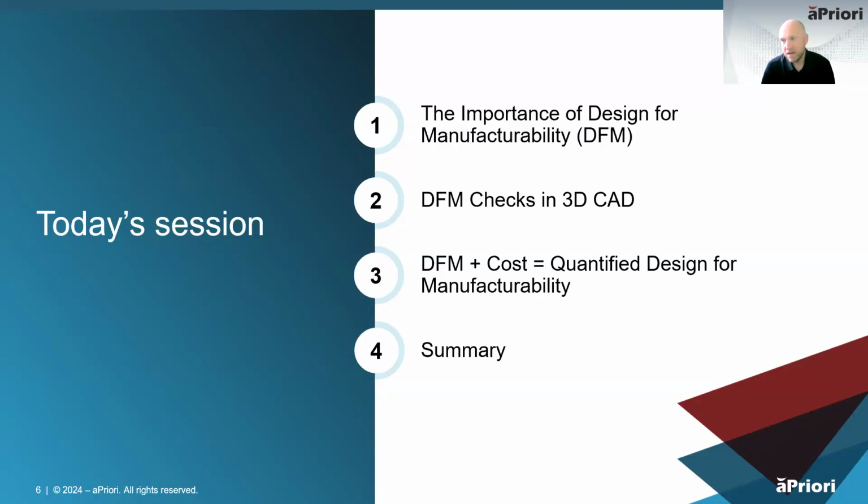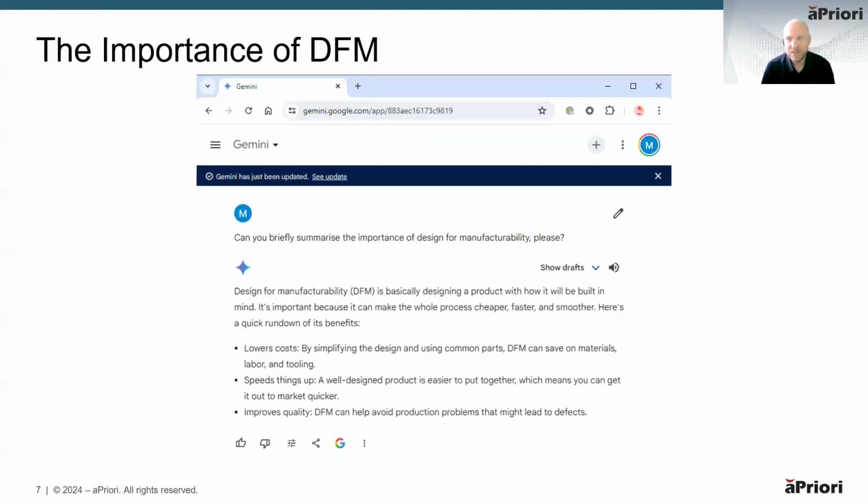I don't think any webinar would be complete unless we started with some generative AI. So I thought, why not get Google's Gemini to summarize the importance of DFM for me? I thought it did a really nice job. I asked it, can you briefly summarize the importance of design for manufacturability? And of course, I had to be polite and ask, please, because you never know when they're going to take over.